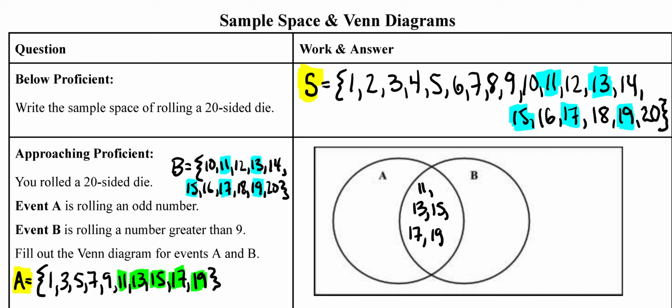And then those that are left that are in A only, I might say, this is 1, 3, 5, 7, and 9. So over here, let's mark those with green, just so we can see that's where we put them.